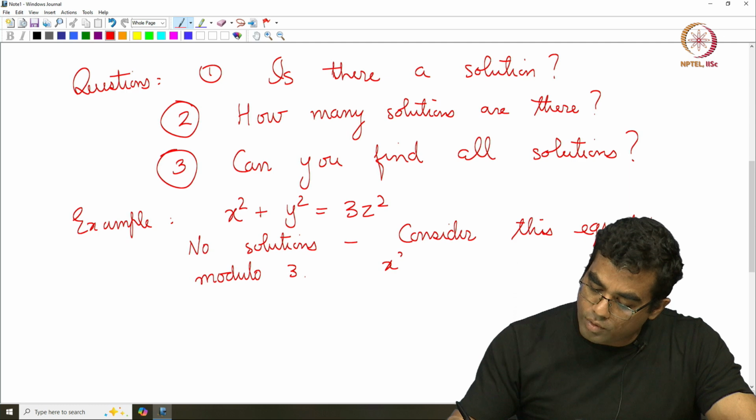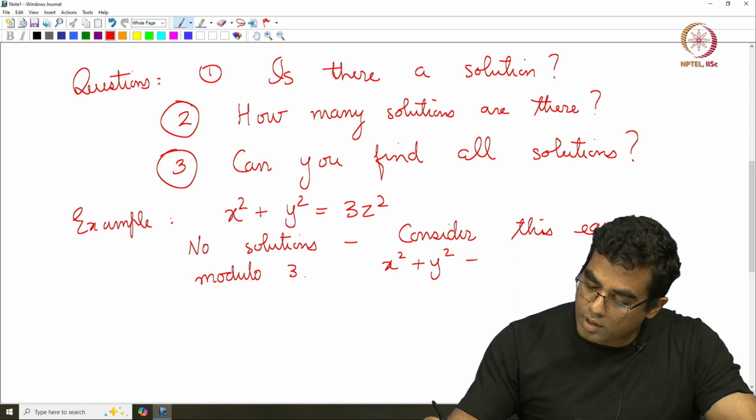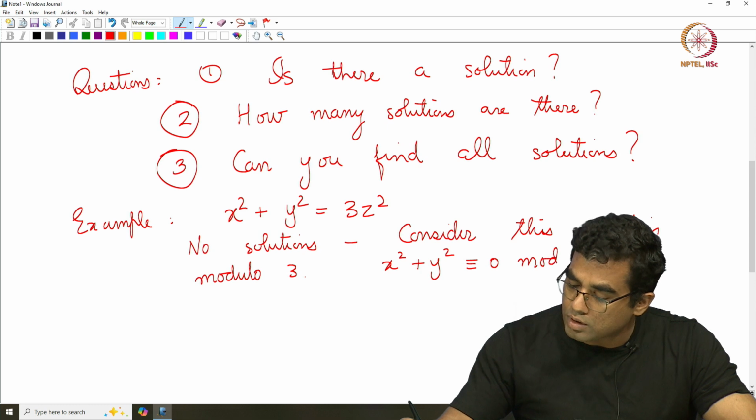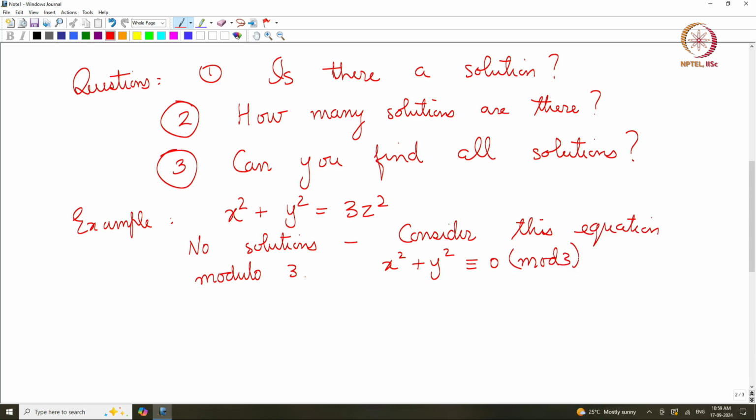We get x squared plus y squared is congruent to 0 mod 3, and you find solutions of this equation modulo 3, and the only solutions are x congruent to 0 mod 3 and y congruent to 0 mod 3.